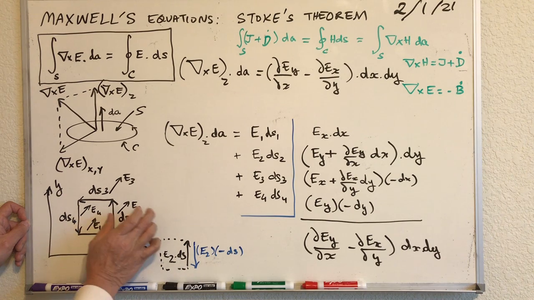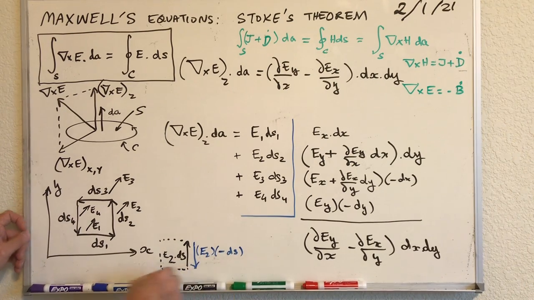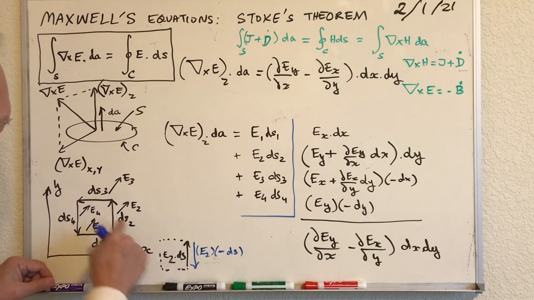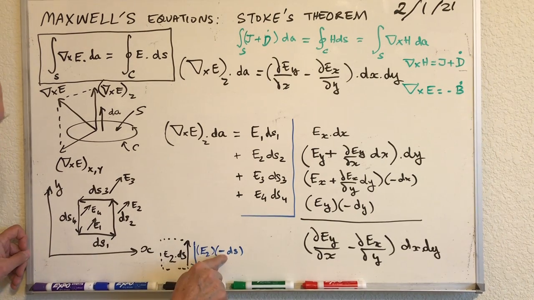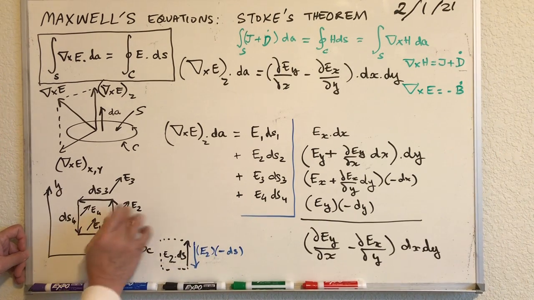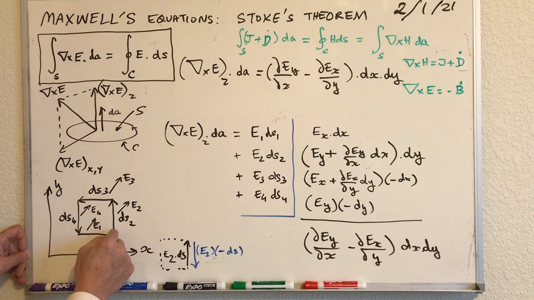But on the one right next to it, on the right-hand side of this one, you would have another one which is E2 times minus ds. Actually, this is ds2 both, but let's simplify things and call it ds, because for that adjacent cell, this vector becomes the opposite direction.